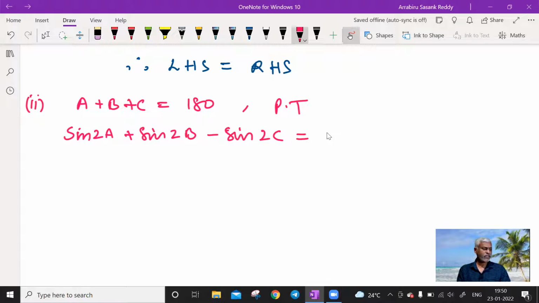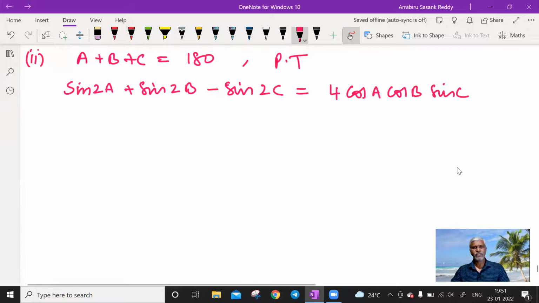The right side should be 4 cos A cos B sin C. If you take plus, we get 4 sin A sin B sin C; in place of plus, if you take minus, it becomes 4 cos A cos B sin C. Very small change.